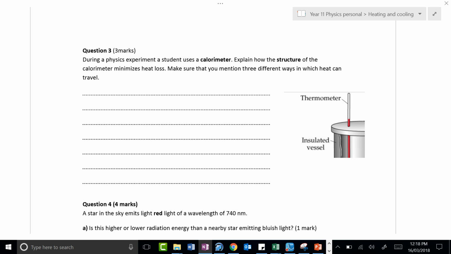During a physics experiment, it's an insulated vessel, so that insulation would definitely reduce heat loss by conduction, prevented by the insulative layer.